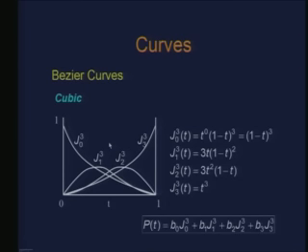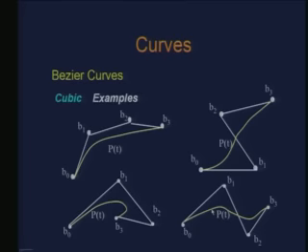Here the geometric information is given through the control points of the Bezier polygon, and that is what you are trying to blend using Bernstein polynomials. These are some of the examples which we saw. Here it all shows that the shape of the Bezier polygon is directly influencing the resulting curve.